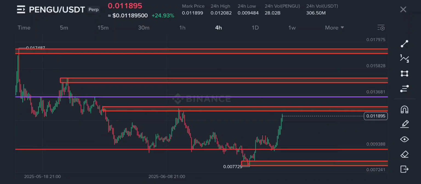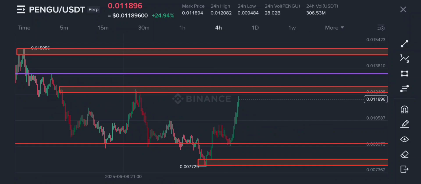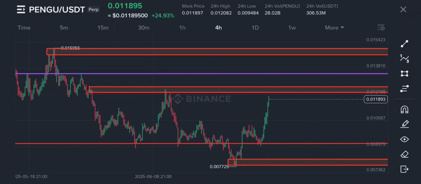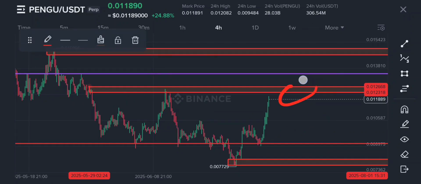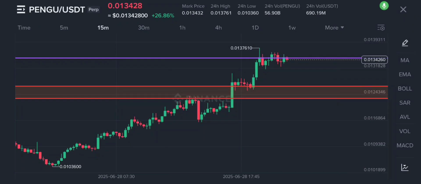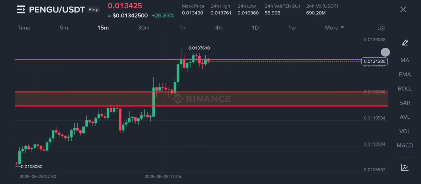Let's see how the market will play out when price gets to our area of interest here. All right, guys. This is what we have on Pengu USDT.